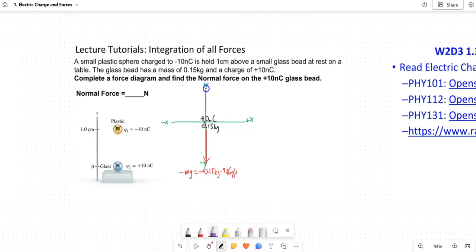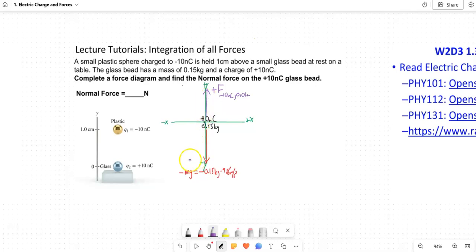It's pulling up on our charge, and that force is positive, and that is going to be negative 10 nanocoulombs, comma 0.01 meters. And go ahead and convert to meters if you have the chance.